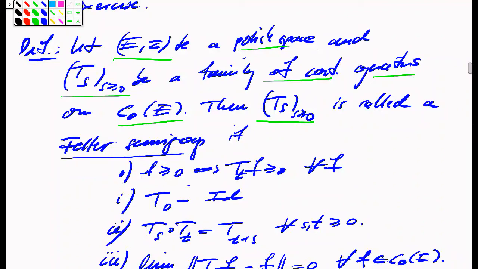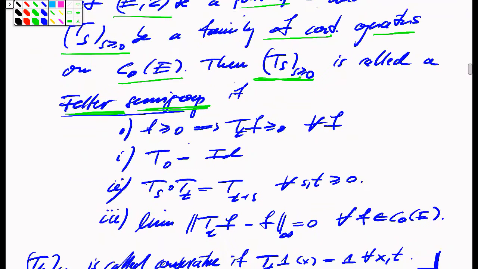Then we call this family of operators a Feller semigroup. That will be an important notion in the future. So we call this family of operators a Feller semigroup if it enjoys the following four properties.